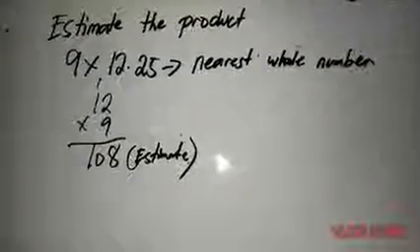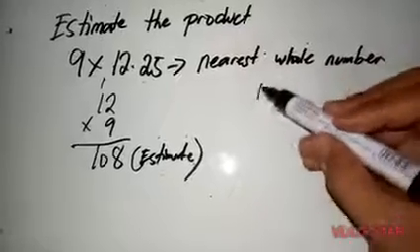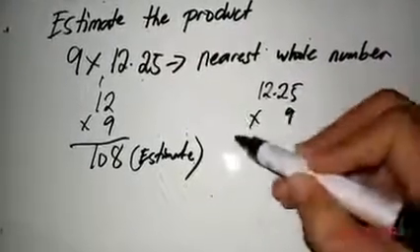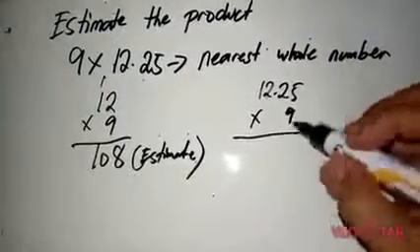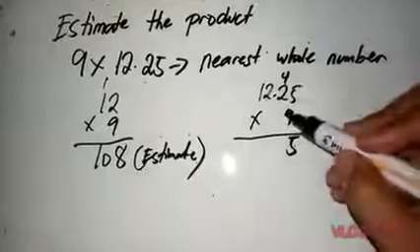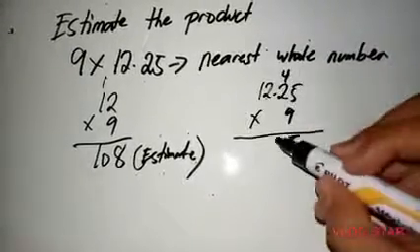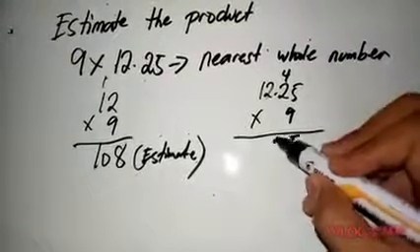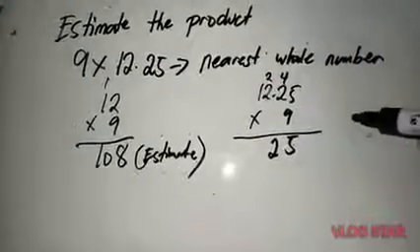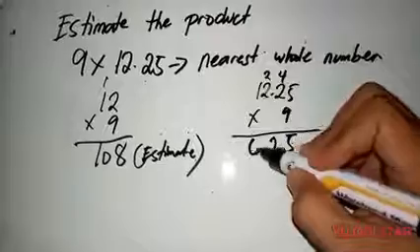And next, let's proceed to the actual product. So 12.25 times 9. 9 times 5 is 45. Carry 4. 9 times 2, 18 plus 4, 22. 9 times 2 is 18 plus 2, 20.